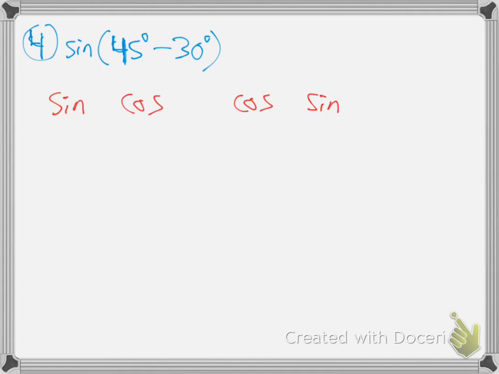That's the order. It switches orders halfway through. Sine, cosine, and then it switches to cosine, sine, like that. And the angles, we never change the order on the angles. Have you noticed that? Whatever order they're in, we just keep it. So 45, 30. Just keep it exactly the same. Always.